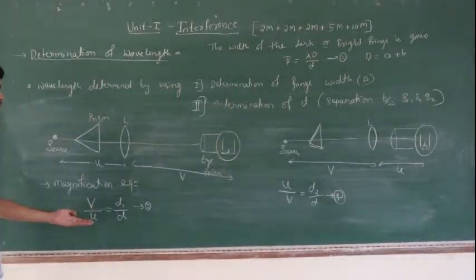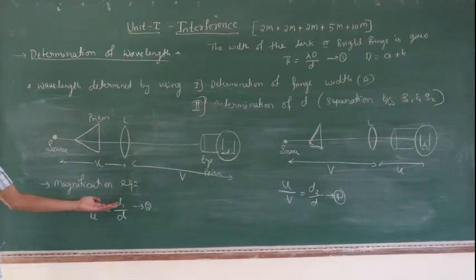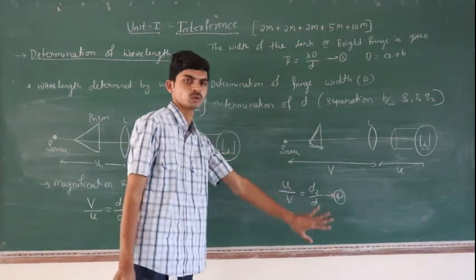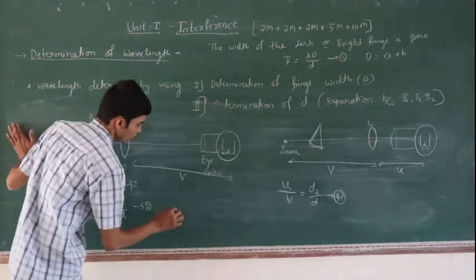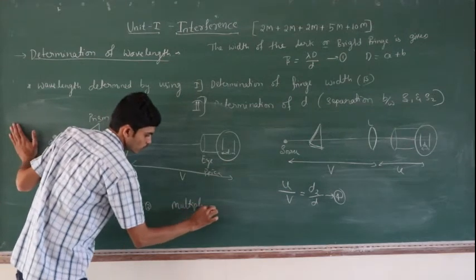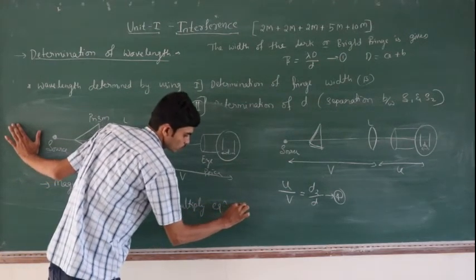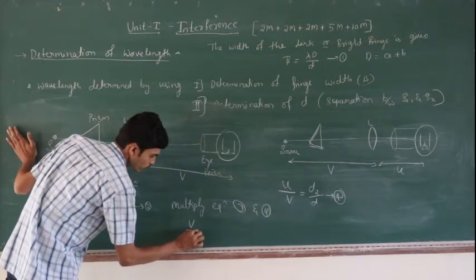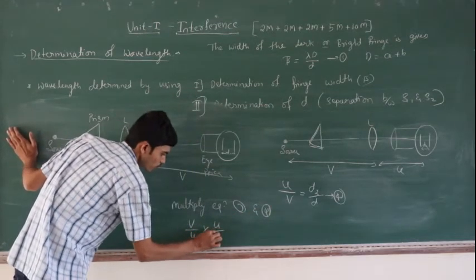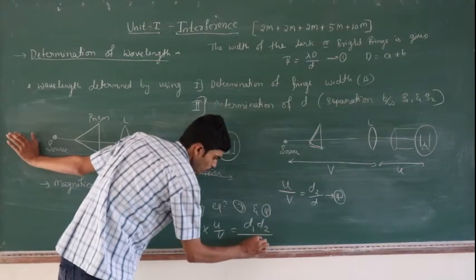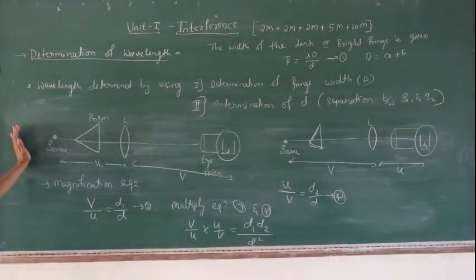We get v by u, that is magnification, equal to d1 divided by d. Here u by v is equal to d2 divided by d. Multiply equations 3 and 4: v divided by u into u divided by v is equal to d1 into d2 divided by d into d, that is d square.